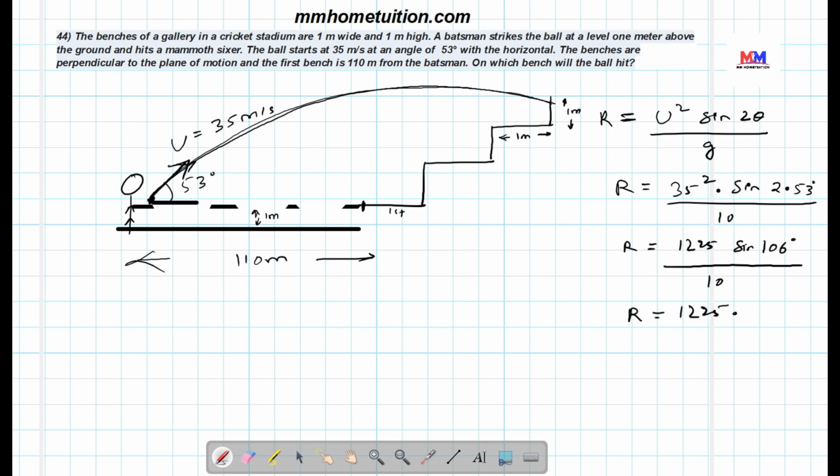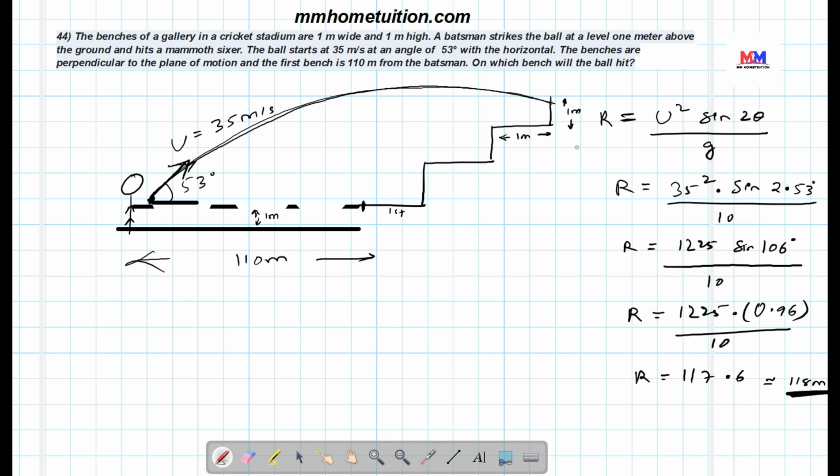Sine 106 is 0.96. So this is 122.5 into 0.96, which is approximately 117.6, or 118 meter. Range equals 118 meter.